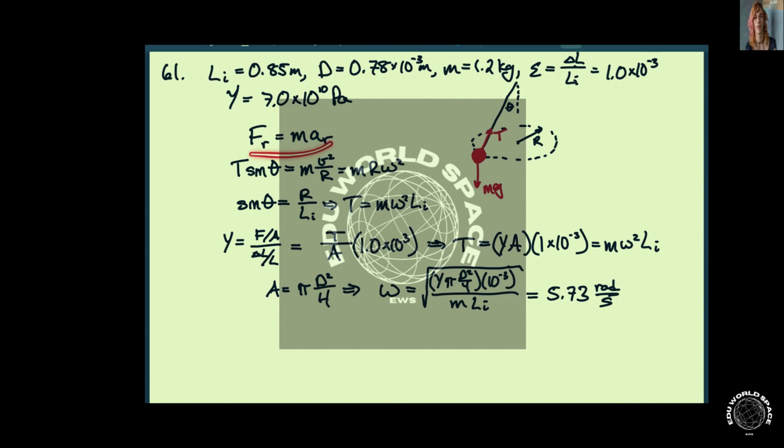So we know the force in the radial direction, coming out here, is the mass times acceleration in the radial direction. And we know that the tension is just the force times the sine of this angle here. And that is the mass times the radius times the angular velocity squared.